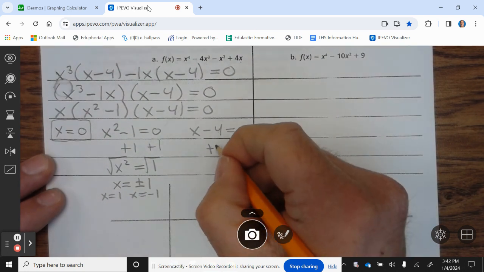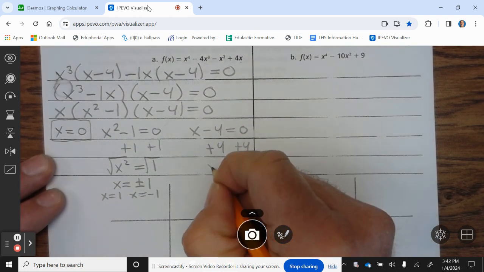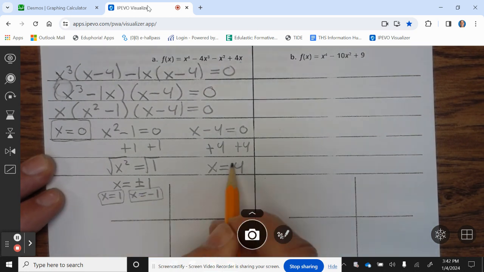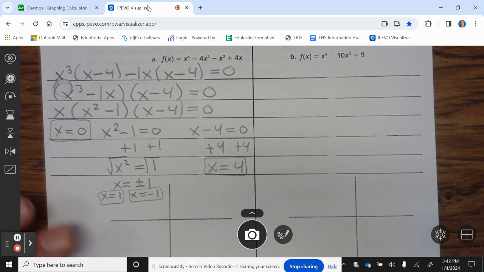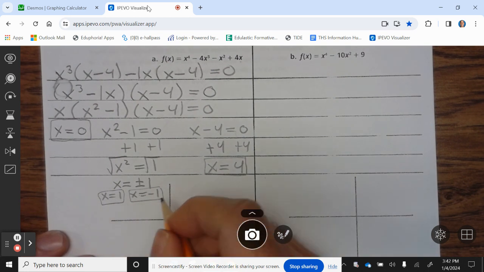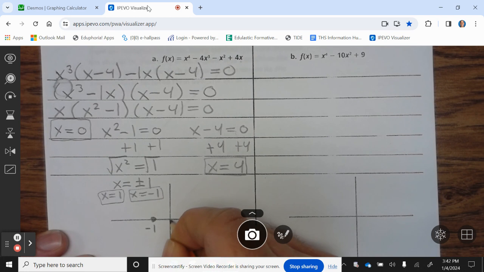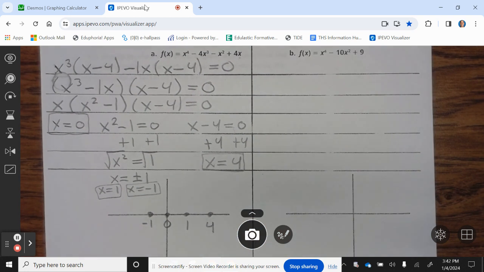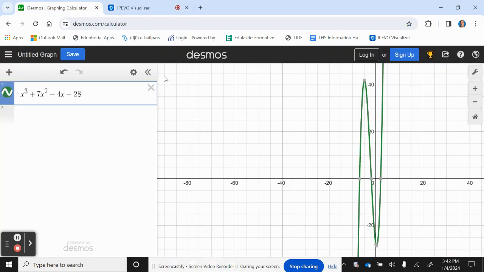And then add 4 to both sides. x equals 4. Okay, so we have negative 1, 0, 1, and 4. All right, let's go ahead and sketch that in Desmos.